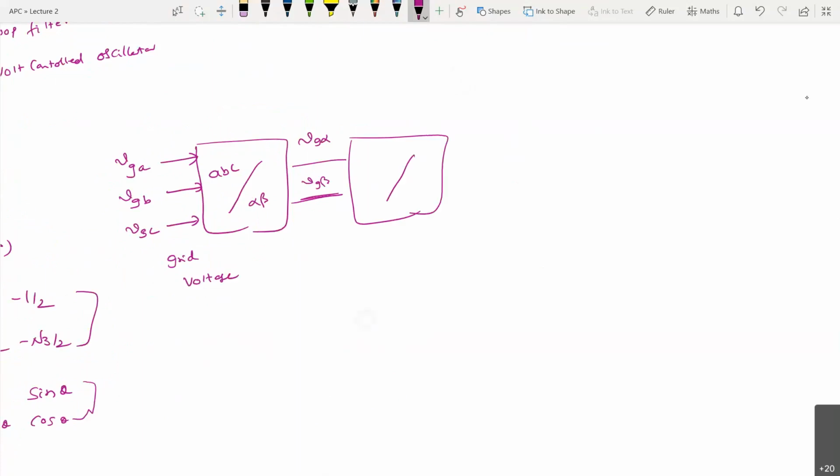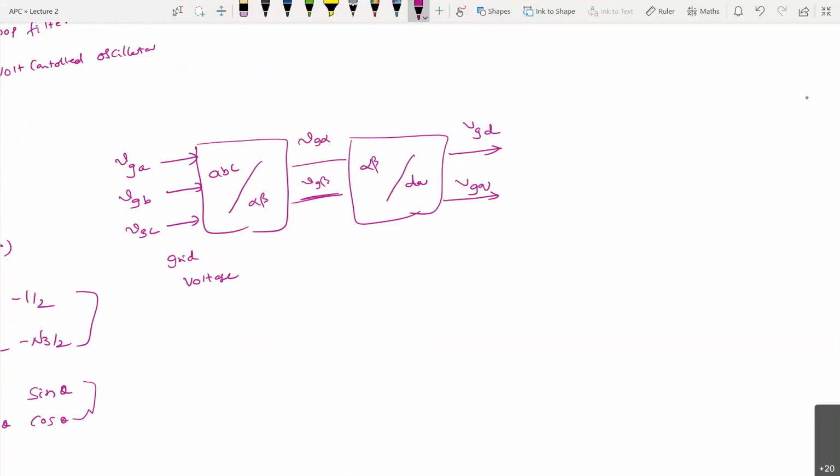Again, by using this alpha beta to DQ reference frame, we'll convert this into the DQ reference frame. This gives you VGD and this gives you VGQ, the grid voltages in the DQ reference frame.